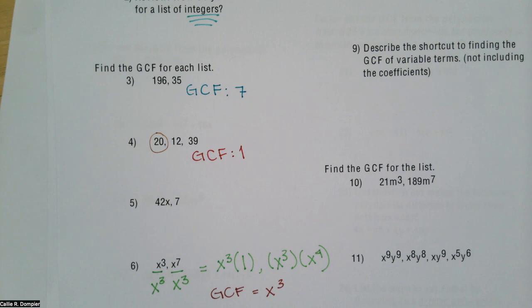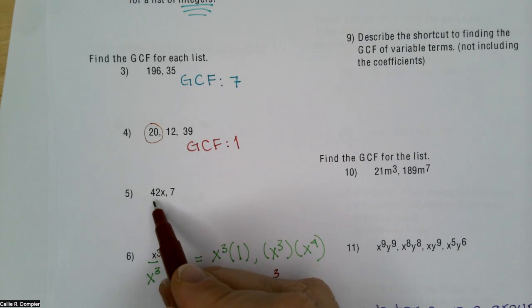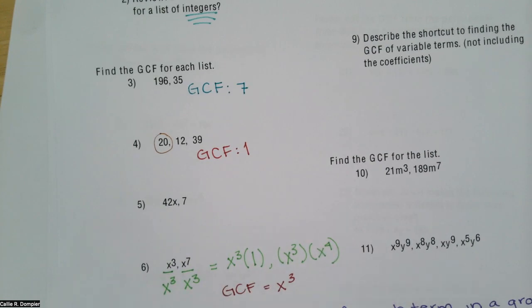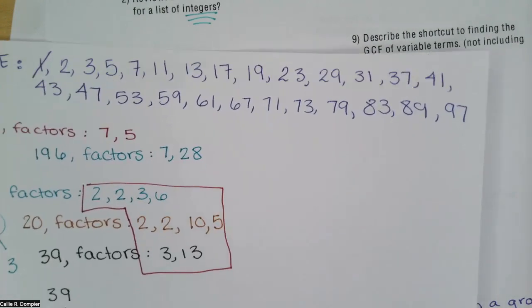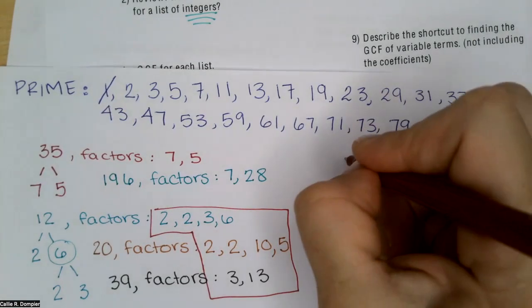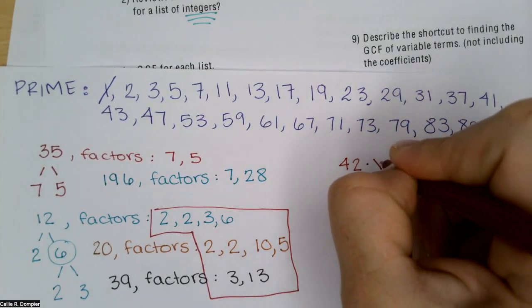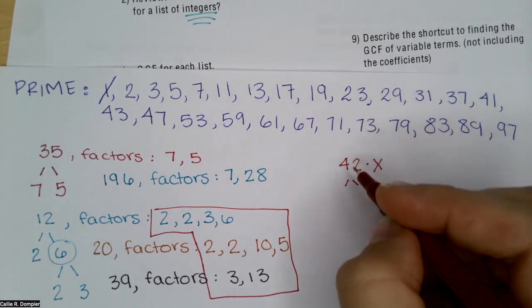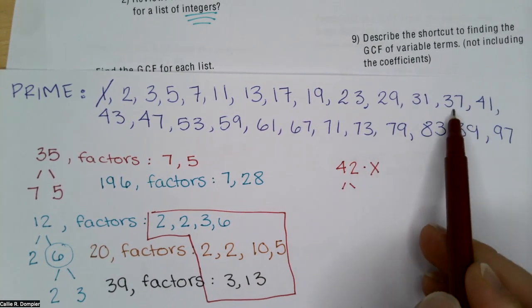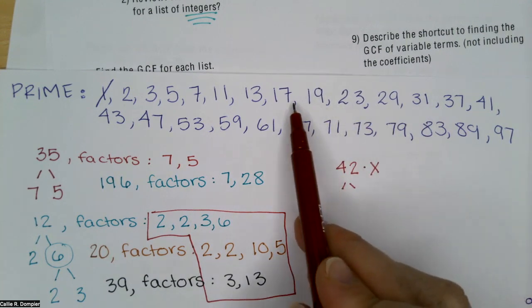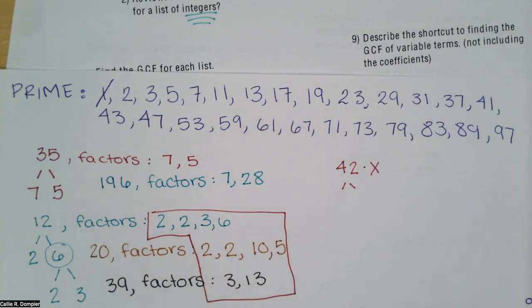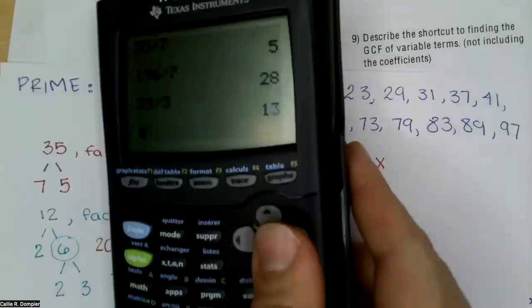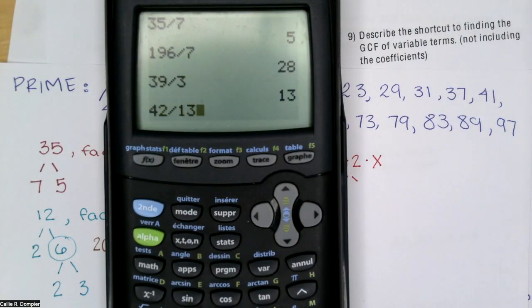There's no other number. All right, the next one is 42x and 7. Remember, 42x just means 42 times x. So when we're factoring 42, we're just going to also include an x at the end. 42 divided by 13?